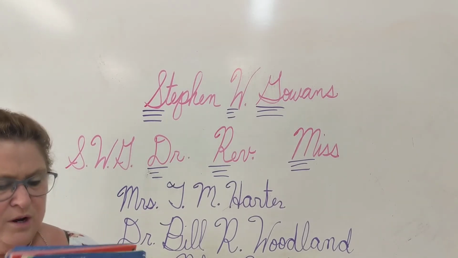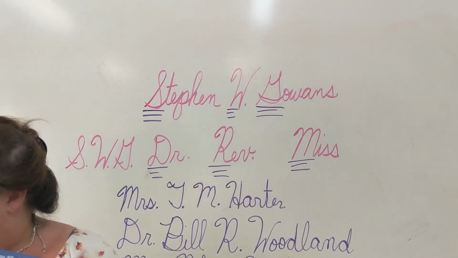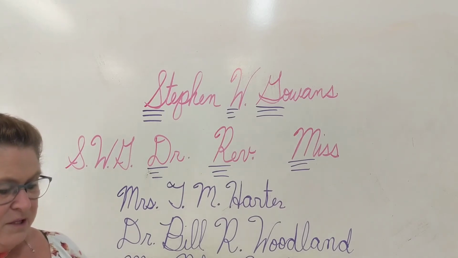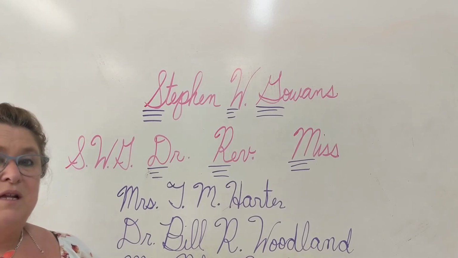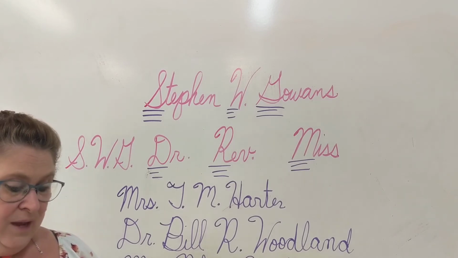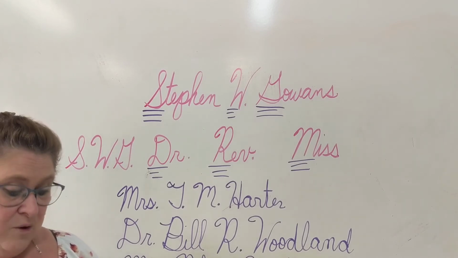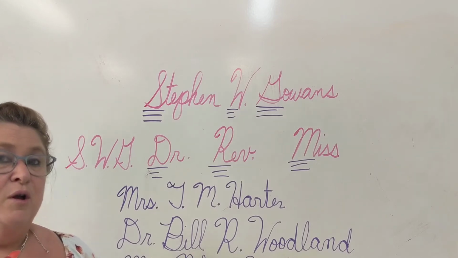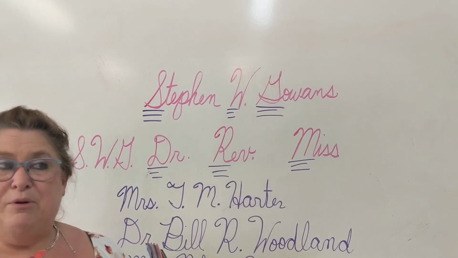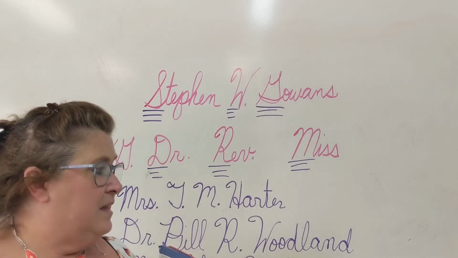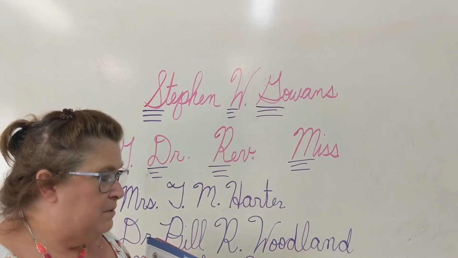Now look, we're going to do a little review here. Look in the box where it says remember. What are we supposed to remember? A common noun names a person, place, or thing. And then a proper noun, remember, names a particular person, place, or thing. And it begins with a capital letter. I like to think of it like this. A common noun names a dog.